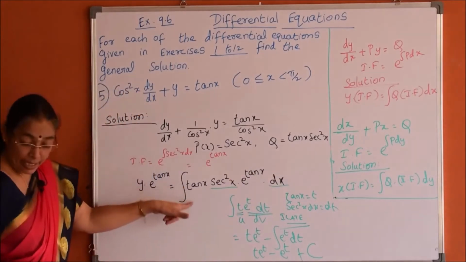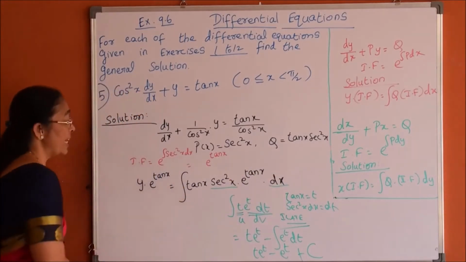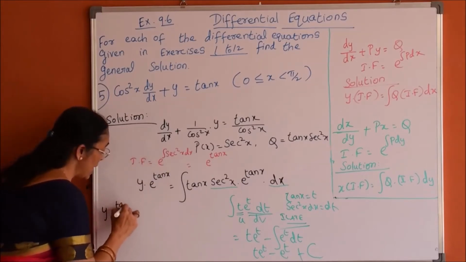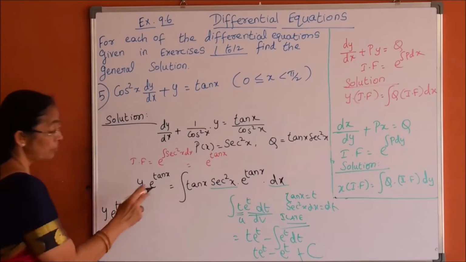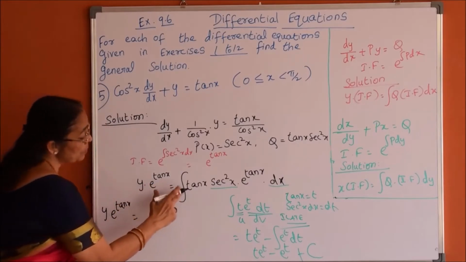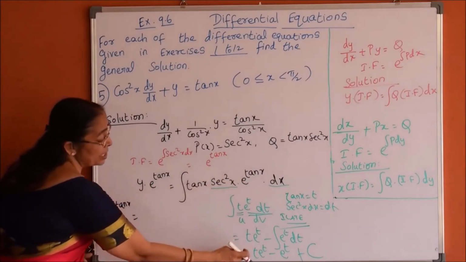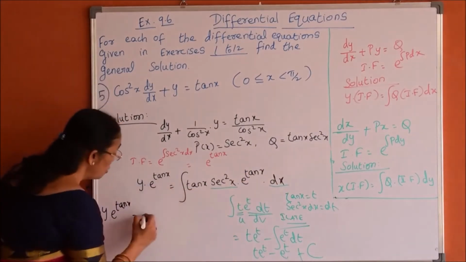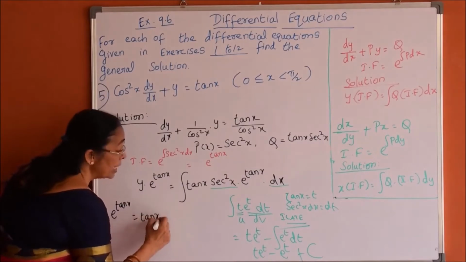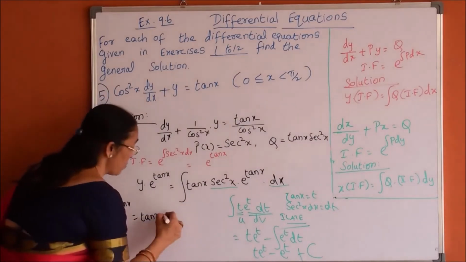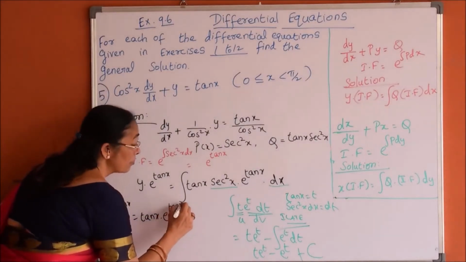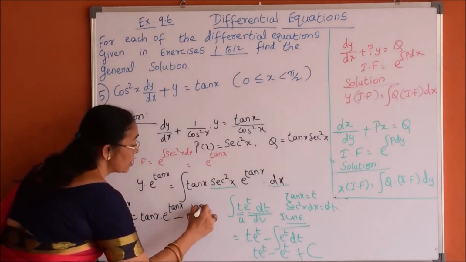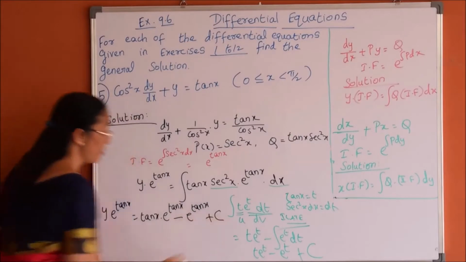Therefore, the left hand side of the solution, y e power tan x, is equal to the integration value, which is in terms of t, and t is nothing but tan x. So tan x into e power tan x, minus e power tan x, plus c.